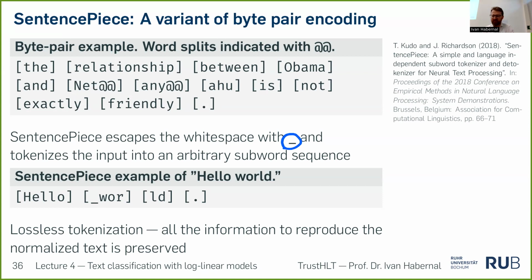So in SentencePiece, you would basically prevent losing the white spaces in your data. If you have hello world, it's similar to BPE, but you keep these white spaces, and you would be able to tokenize into tokens like hello and world.